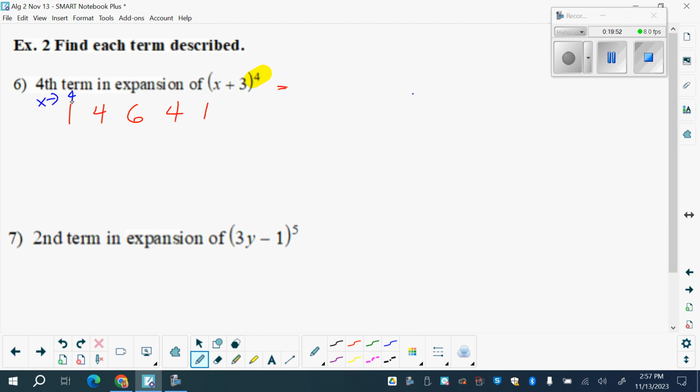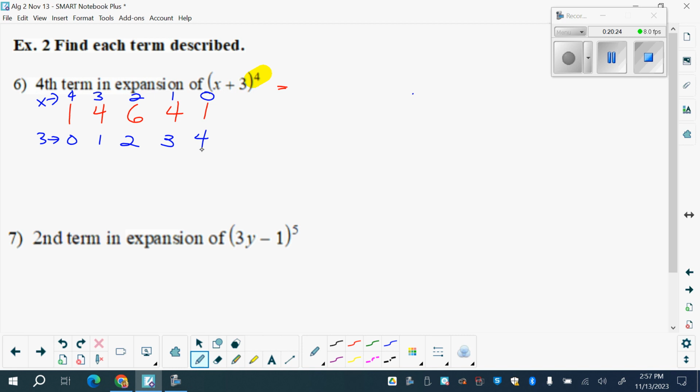And then what does it do with the 4? Goes what direction? Down. So 4, then 3, then 2, then 1, then 0. And then the 3, which is our second term there for our binomial, starts with 0, then 1, 2, 3, 4. Or you can say on the far right starts with 4 and goes down as you go to the left. So we want to do the fourth term.